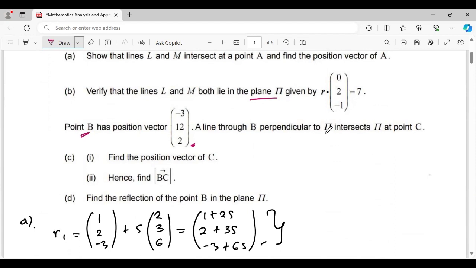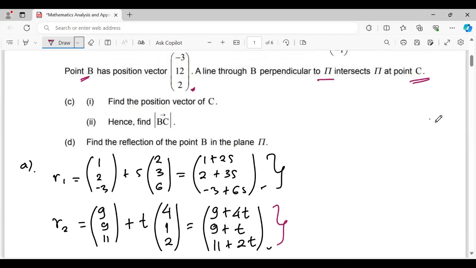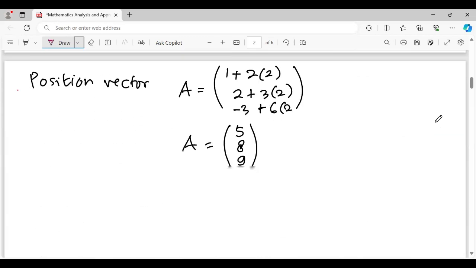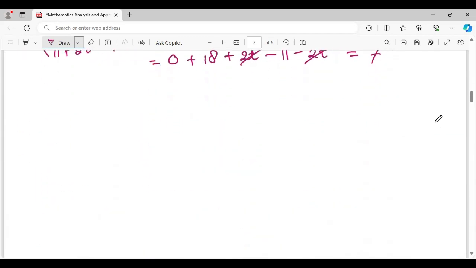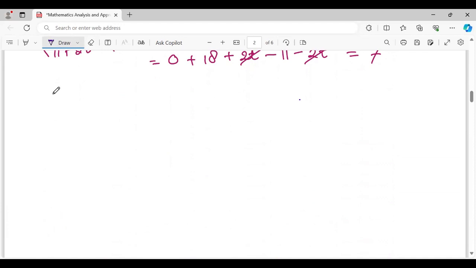A line through B perpendicular to pi intersects pi at point C. The question: find the position vector of C. So the position vector of a point on the line is r = (-3, 12, 2) + lambda (0, 2, -1), where lambda is a parameter.